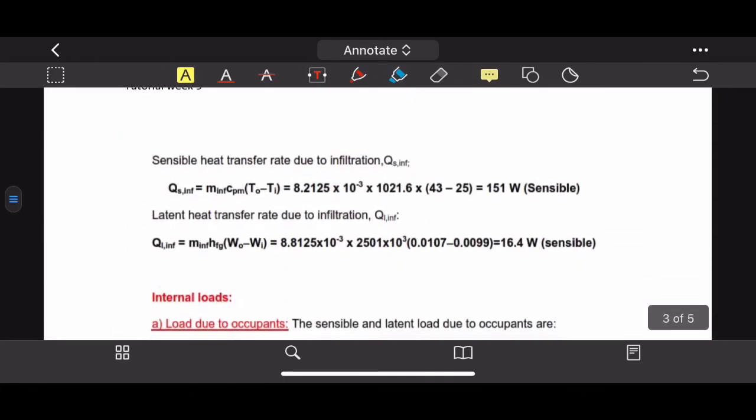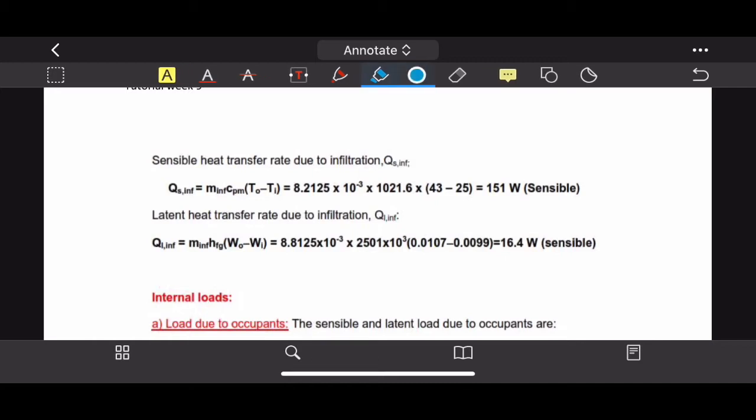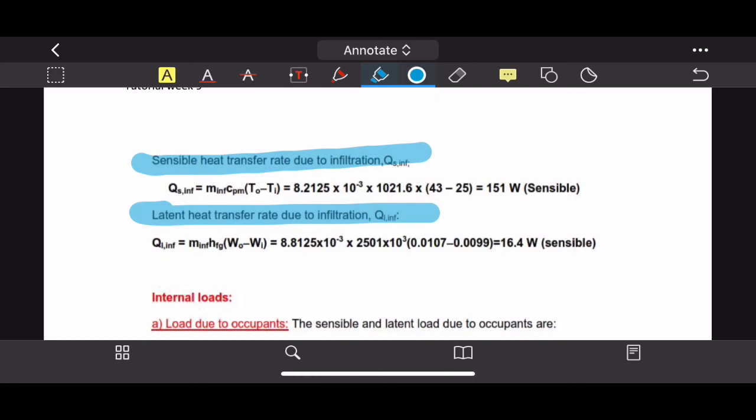Now, because this infiltration is connected to the outdoor, there should be humidity coming from outdoor as well. So you need to separate it into two parts: one is sensible heat, one is latent heat. So Q sensible infiltration equals m infiltration times CPM times delta T between outdoor and indoor.